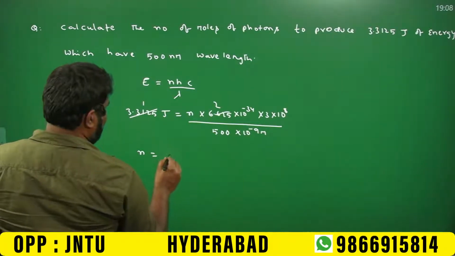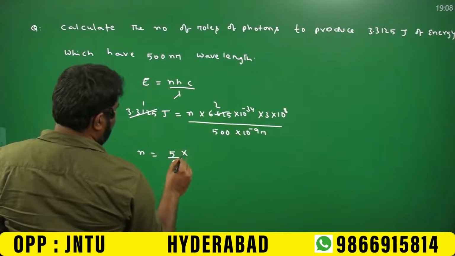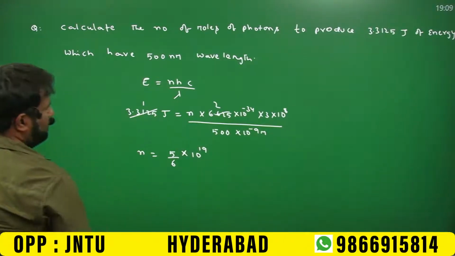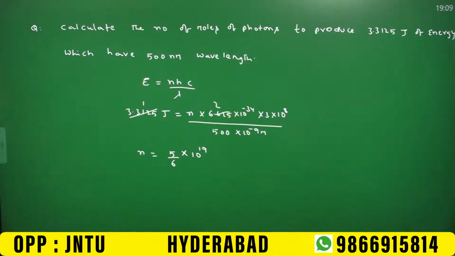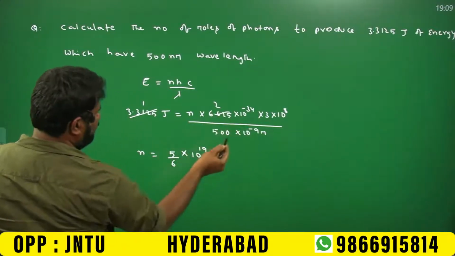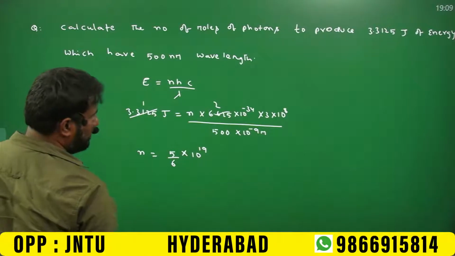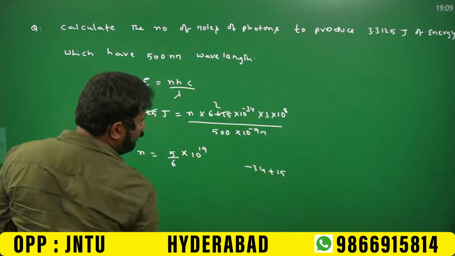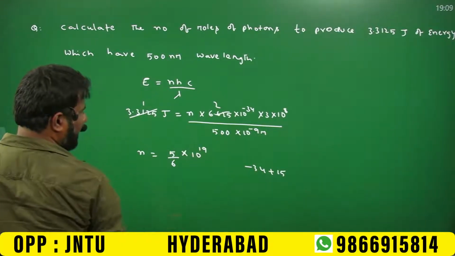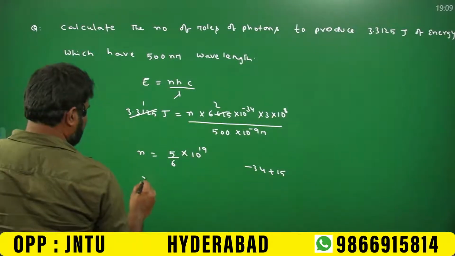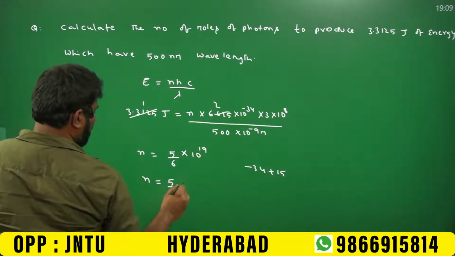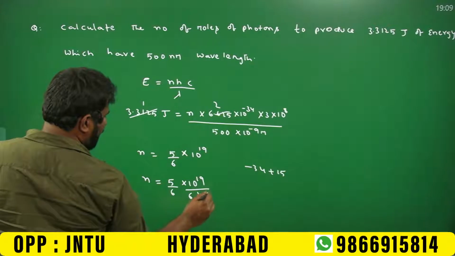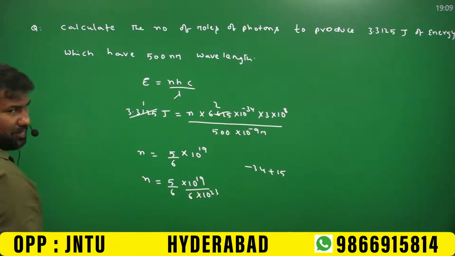So this is 5 by 6 into 10 power 19. You need to find the number of moles. One mole is 6 into 10 power 23, so divide by 6 into 10 power 23.